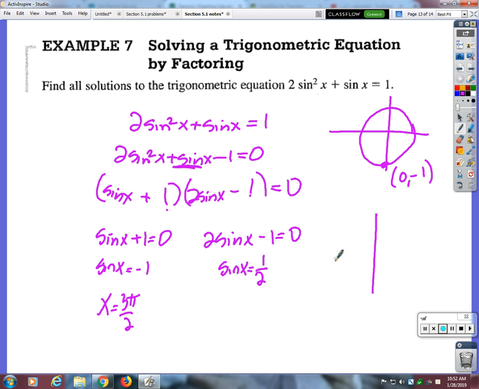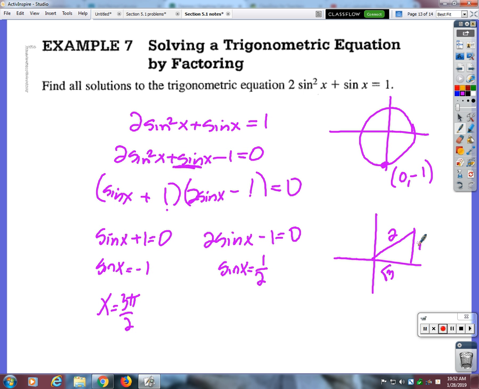But if you were in a testing situation where you did not have access to your notes, then you would have to draw the triangle. Okay? So for sine to equal 1/2, the opposite side is 1. The hypotenuse is 2. What's this side right here? Square root of 3.